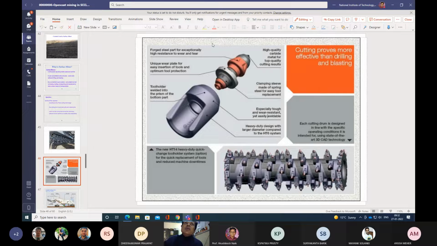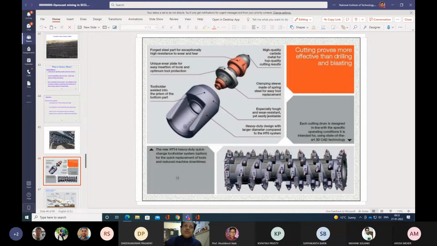And this orange color part is the forged steel part for exceptionally high resistance to wear and tear. And this steel version has a unique wear plate for easy insertion of tools and optimum tool protection. And these are some holes, a tool holder welded into the prism of the bottom part. So this is the bottom part of the cutting tool, and this is the tip of the cutting tool.